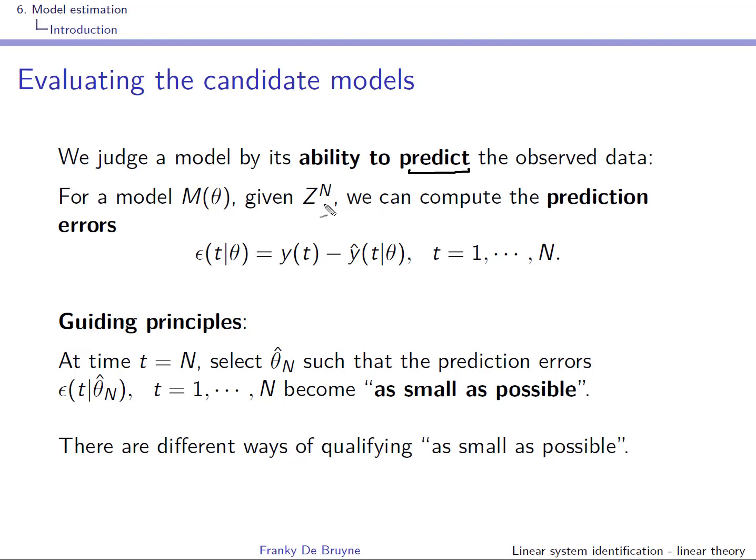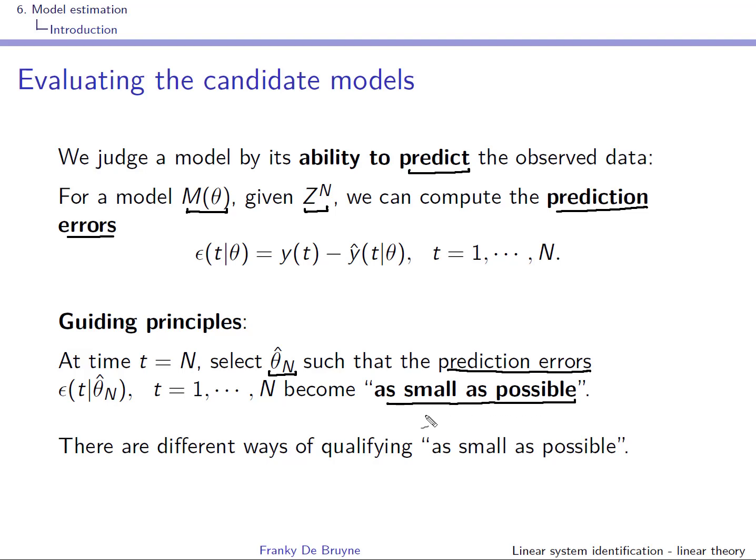So using a model and a data set, we can compute the prediction errors, right? Sometimes I call them the residuals. And the idea is that you have to select your estimate in such a way that the prediction errors or the residuals become as small as possible.